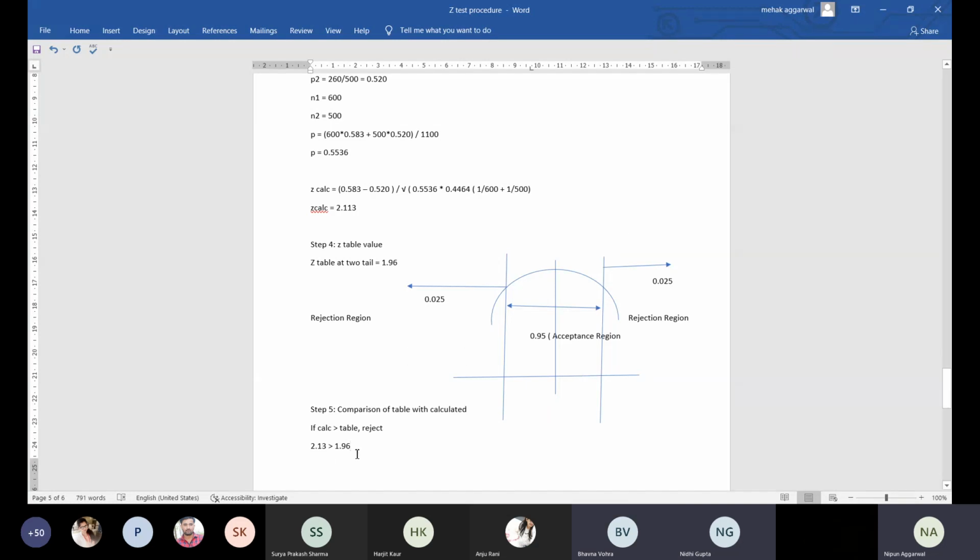Sir, I have a question. Practically, statistics is about approximations only. If we take the example of Covaxin and Covishield, whatever we are calculating is just an estimation that this could be better or not, in terms of significant difference.